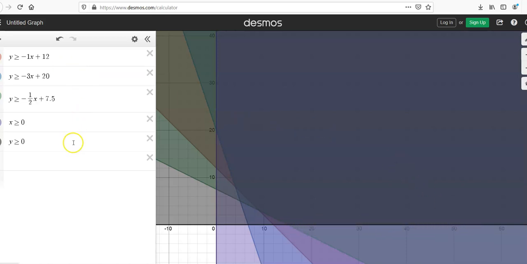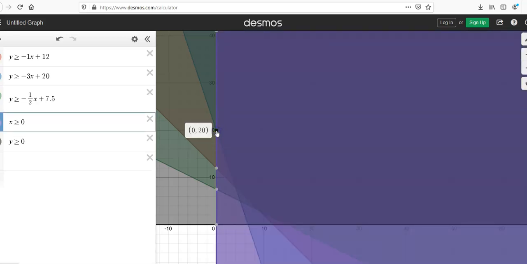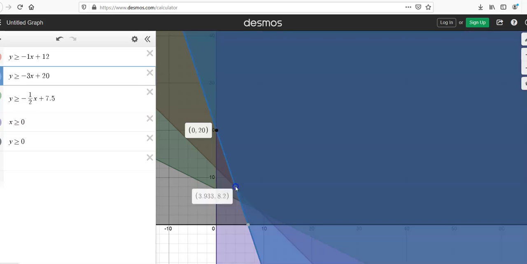So what we need to do is find those coordinate points. And so all you need to do is click on them. So if I click on a point, notice it's showing me that point. And if I double click, it will show me the coordinate. And this is the next corner point of my region. So I click it, it highlights it, and click it again, and it shows me the ordered pair.